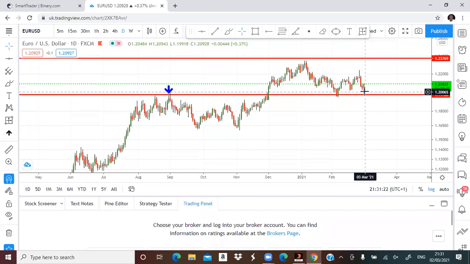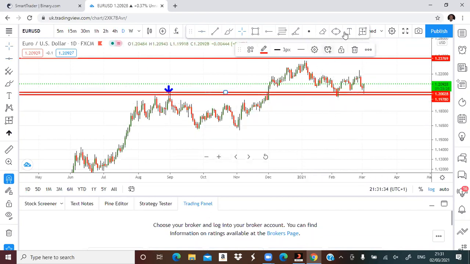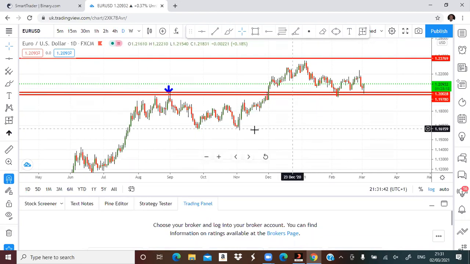Remember, support and resistance is not a straight line, it's a zone. So you can even use 2 lines to draw these zones. Like this. This is another zone. All right. This is a zone.